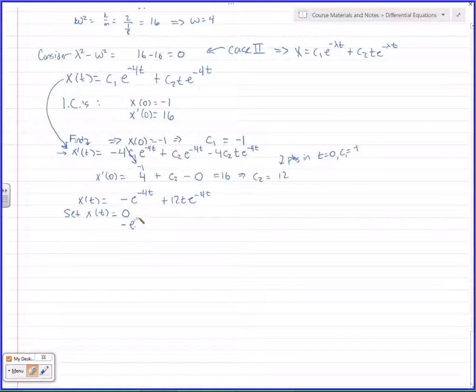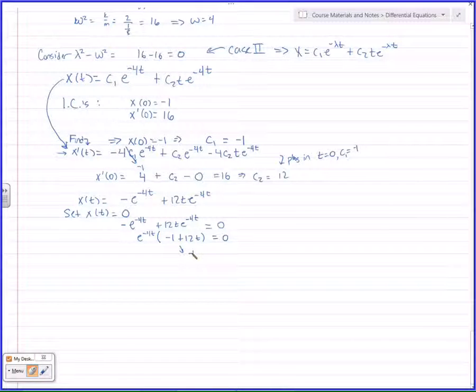Minus e to the minus 4t plus 12t e to the minus 4t is equal to 0. E to the minus 4t you factor out, which will never be 0, and you get negative 1 plus 12t.